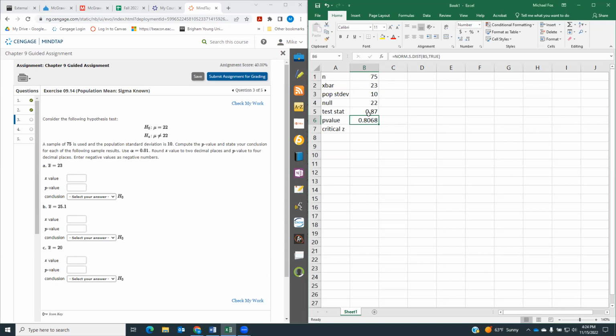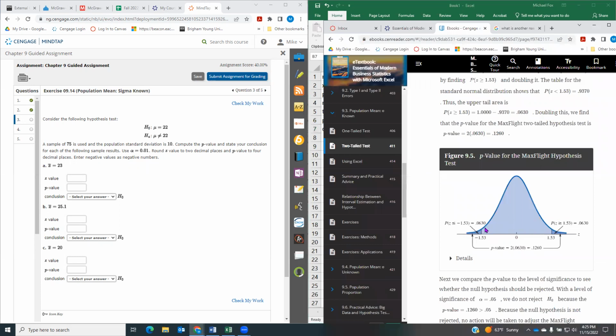So we have to figure out the p-value of a negative 0.87, which we can do just by doing, let's see, that. So that tells us we have a p-value of 0.1932, which would be from 0.87 and down.